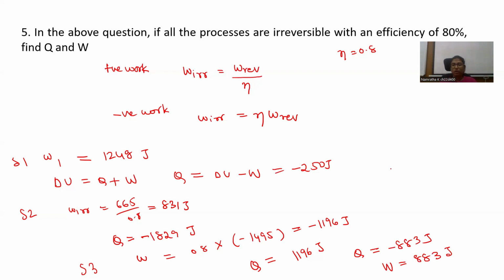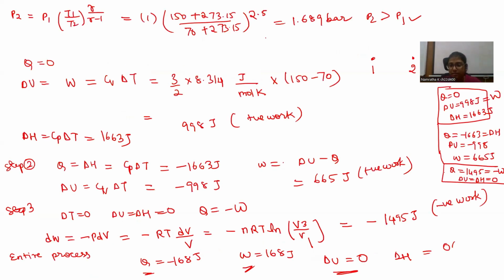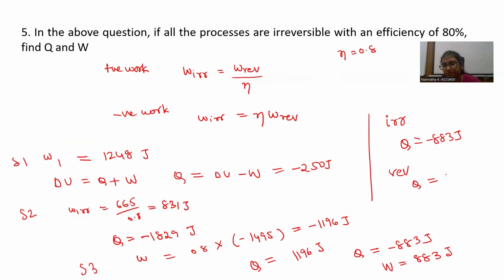So now overall, you can see in an irreversible process, we have Q is minus 883 joules. And in the reversible process, Q is equal to, as we have seen last time, minus 168 joules.